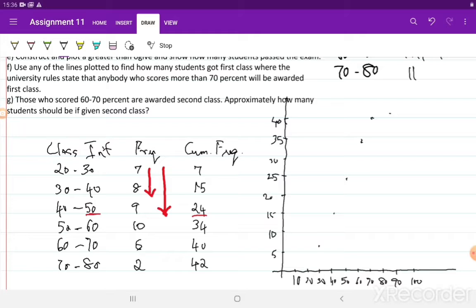And you can always join the less than ogive to the baseline, or to 0 at 20. So remember to use a scale and pencil so that you join these points through straight lines. So this is your less than ogive for the given data.